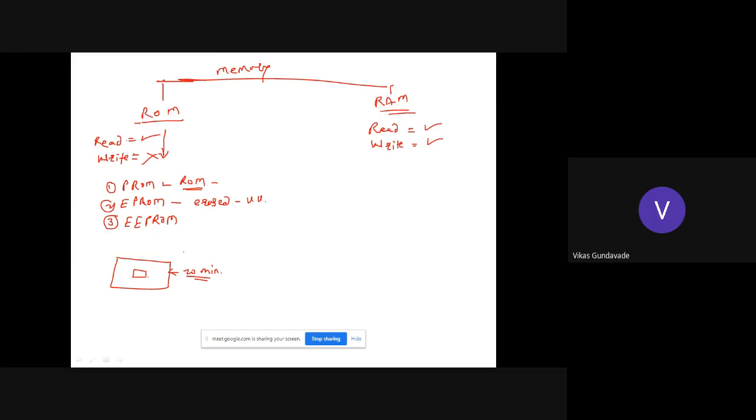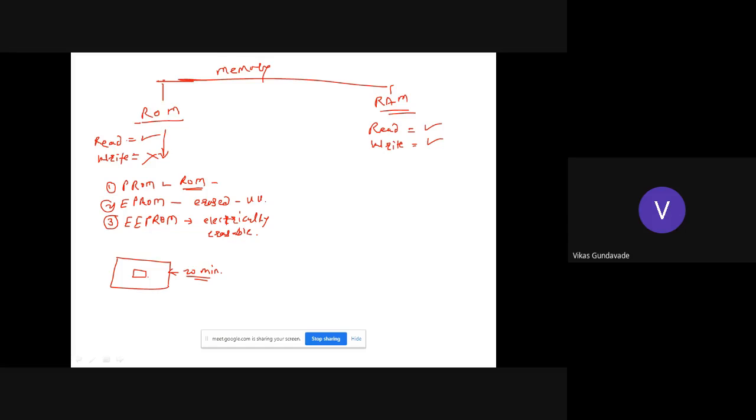One more programmable read-only memory is available, called EEPROM. It is called electrically erasable programmable read-only memory. Instead of exposing the memory to ultraviolet light, this memory can be electrically erased by providing a power supply to that particular memory, and again it will get reprogrammed.